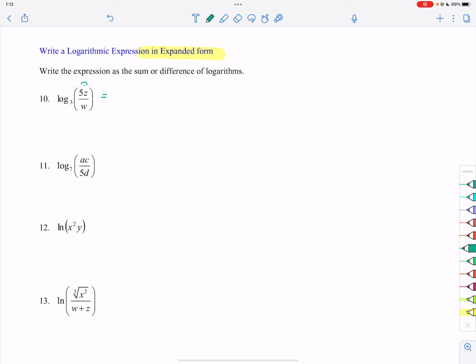So here we have a product, and here we have a quotient. Okay, so here we have the log base 3 of 5 plus the log base 3 of z, and now we have minus the log base 3 of w.